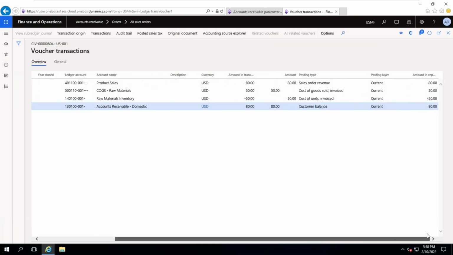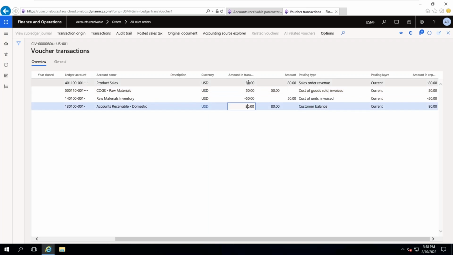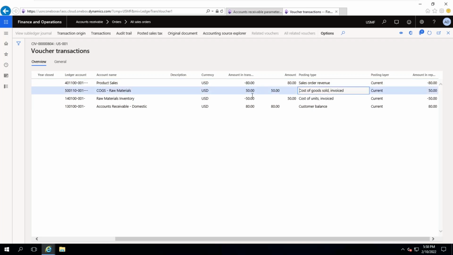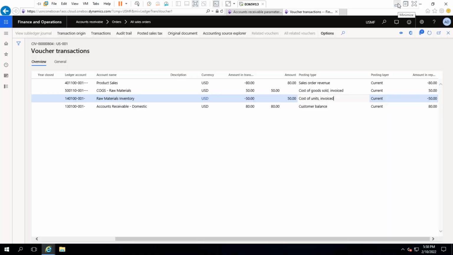Look at this: customer balance account debit to revenue account credit, and COGS, cost of goods sold invoiced account debit to cost of units invoiced account credit. That's what I have told you.